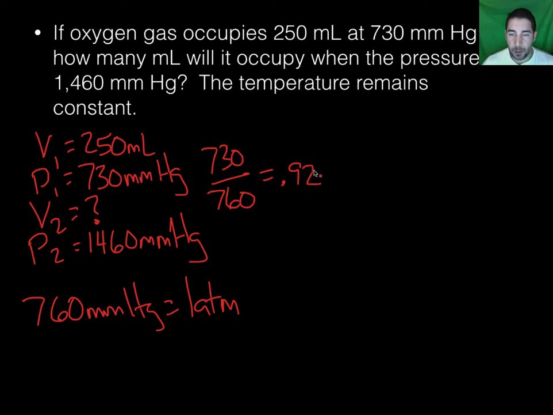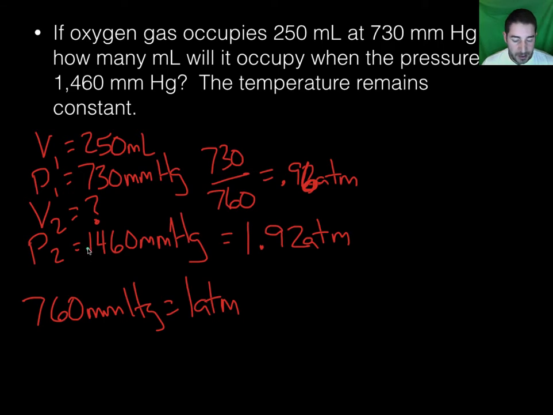So P1 becomes 0.92 ATM. Okay, again, I got that information. P2, 1460, is going to equal 1.92 ATM. Oh, actually, P1 equals 0.96, sorry, 0.96. And P2 is 1.92 ATM. I did 1460 divided by 760.